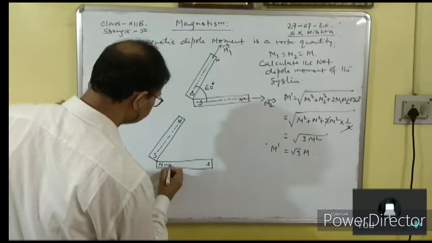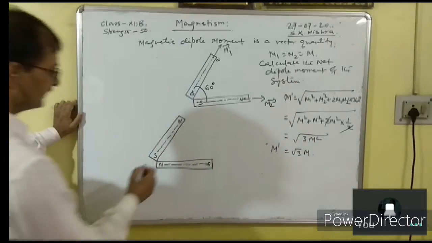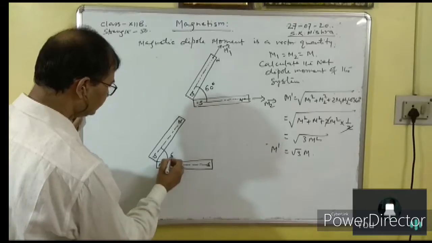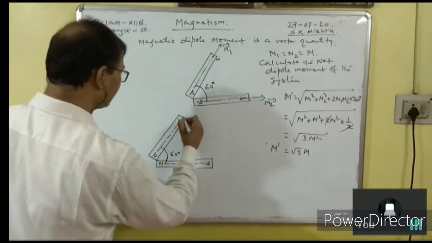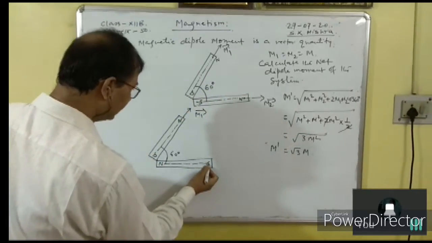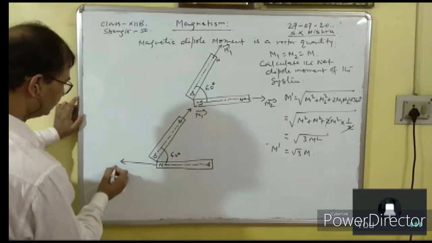So m1 is m square plus 2m square into cos 60 degrees, which is half. So this is under root 3m square, so this is root 3m. This is the new net magnetic dipole moment.